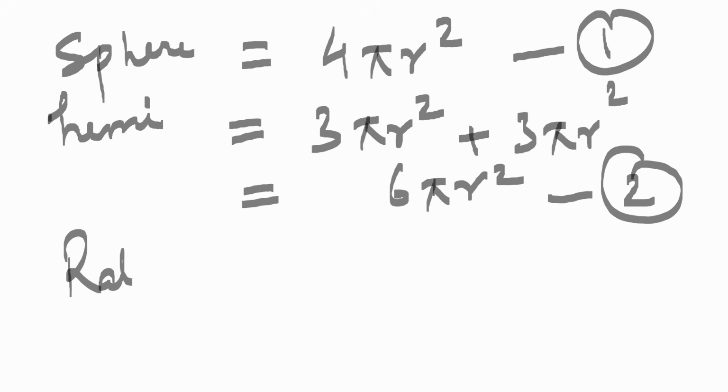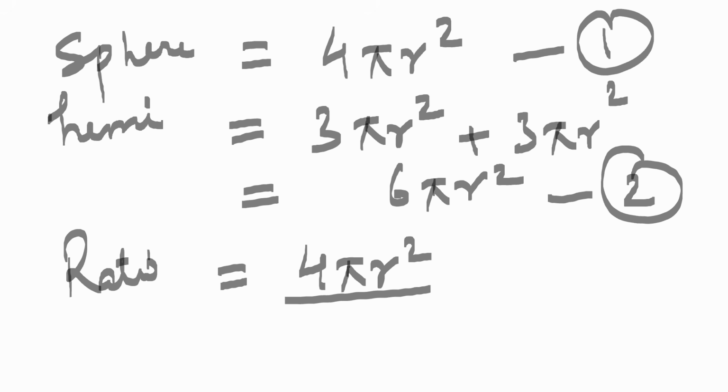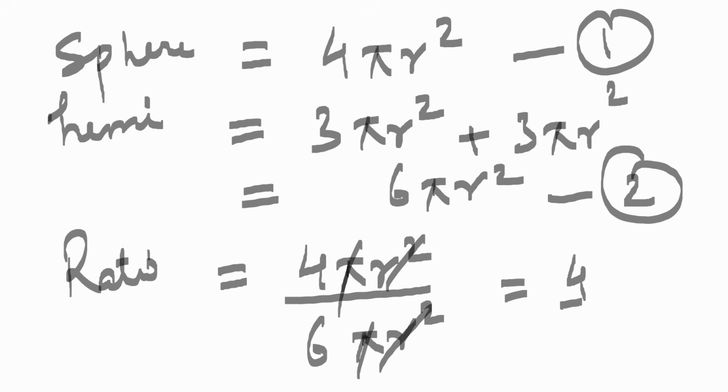So the ratio will be nothing but 4 pi r square divided by 6 pi r square. So pi cancels out with pi, r square is cancelled out with r square. We have 4 upon 6, which is nothing but 2:3. So we can say the answer for the given question will be 2:3.